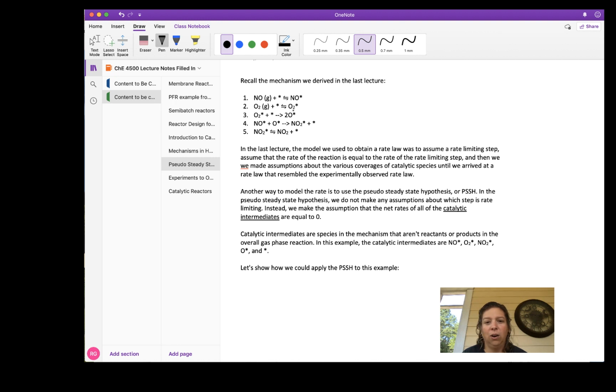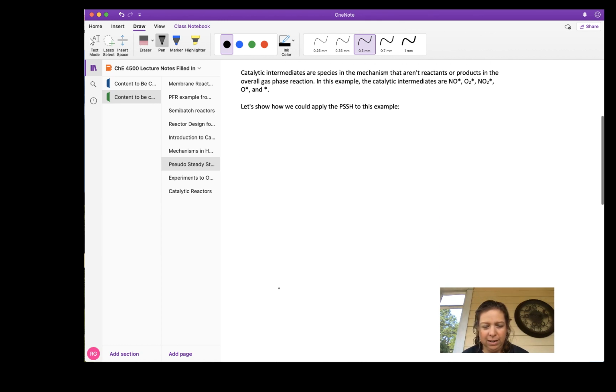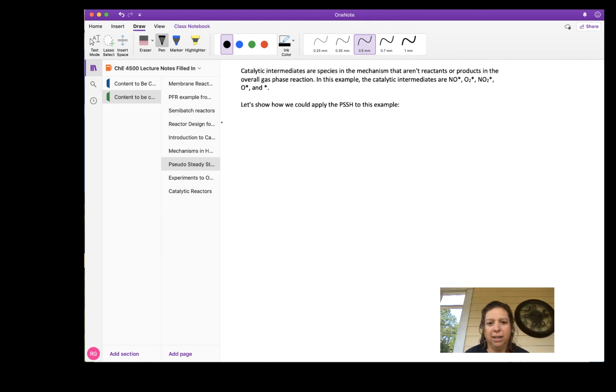So NO star, O2 star, O star, NO2 star, and star itself, those are all catalytic intermediates. Under the pseudo-steady state hypothesis, we say that the rates of formation of the coverages of all of those species are going to be equal to 0. So let's see how we could apply the pseudo-steady state hypothesis in this example.